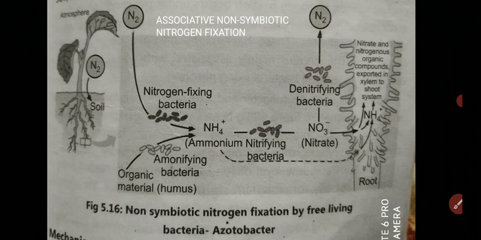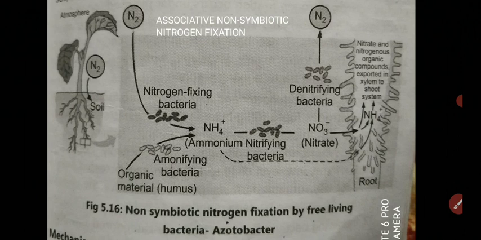So let's discuss the associative non-symbiotic nitrogen fixation. Different species of Azospirillum are able to form close association with several species of family Poaceae, meaning grasses, and agronomically important cereals like rice, wheat, corn, oats, etc. These bacteria fix appreciable amounts of nitrogen within the rhizosphere of this host plant by free living methods.